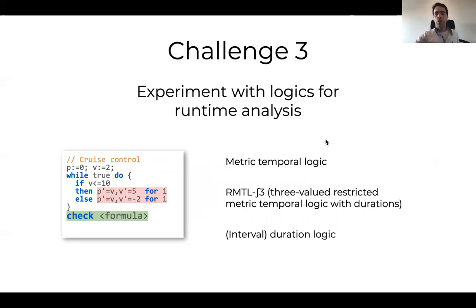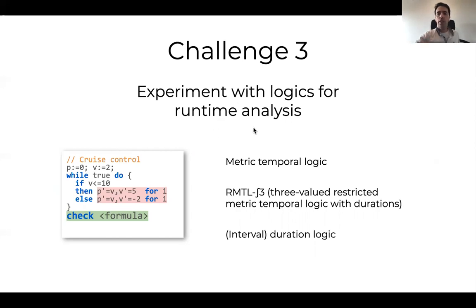So another challenge is trying to now experiment with logics, not having in mind the tool that we want to support, but having in mind what you want to express and specify. So right here, I put examples of logics that are often used when you do runtime verification, which are logics that quite often use some kind of metric or value that's accumulated over time.